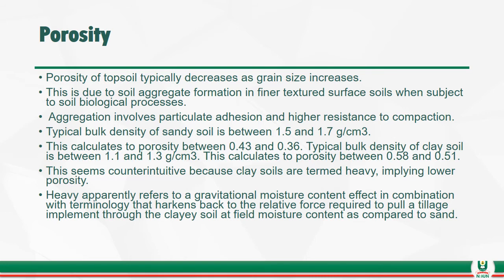Heavy apparently refers to a gravitational moisture content effect in combination with terminology that harkens back to the relative force required to pull a tillage implement through the clay soil at field moisture content as compared to sand.